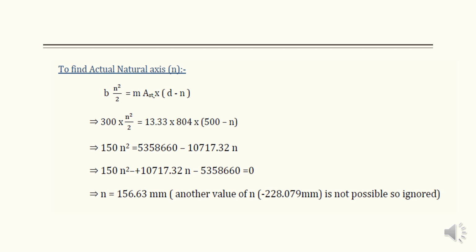So b is 300, 300 into n square by 2 is equal to the m value 13.33 into Ast, which we determined as 804, into d, the effective depth given in the problem as 500, minus n. From this we find the value of n. We get two values, one is 156.63 and the other is minus 228.079 mm. The negative value is ignored. So the actual depth of neutral axis n is equal to 156.63 mm.